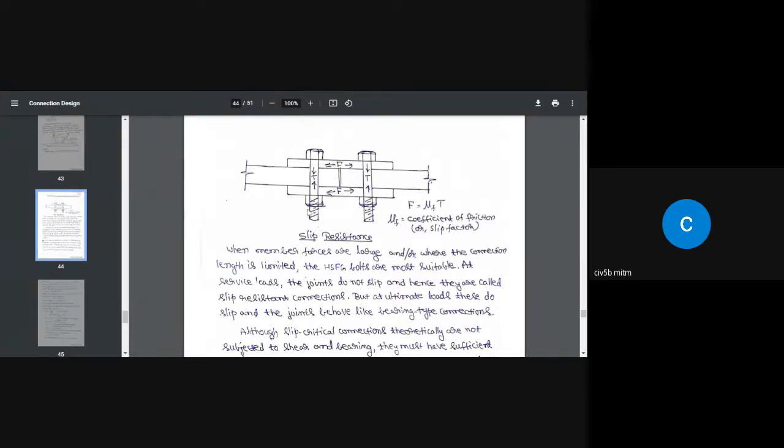When you tighten the bolt, there are two surfaces coming in contact with the main plate, that is this surface and this surface. Is it clear to you? When we do analysis and design, we have to consider only one half of the connection, and we are going to replicate the same thing on the other half. So coming back to this, there are two surfaces where the two cover plates are in contact with the main plate.